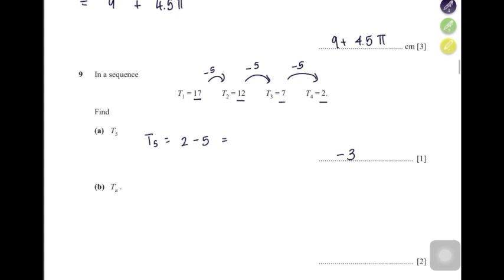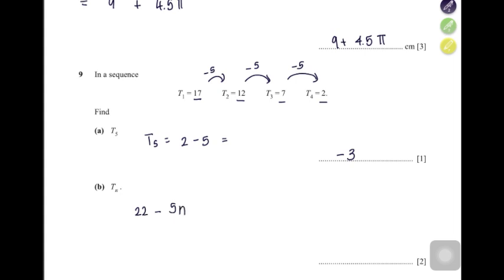Now we're supposed to find the general formula Tn of this sequence. Let's look at T1. If I want to go to T1, what would have been the number before it? It would be 22, so 22 minus 5. This is going to be repeated for each n, so we can add n.